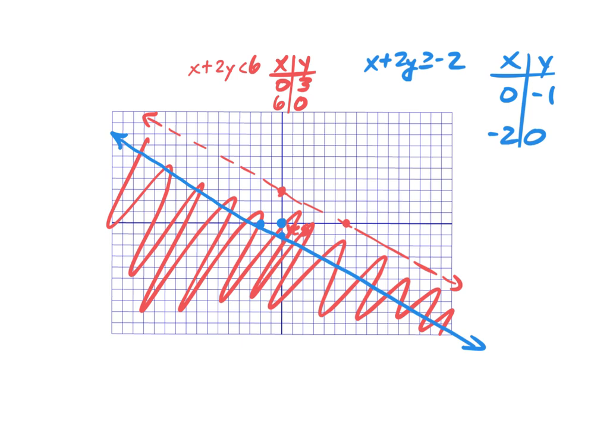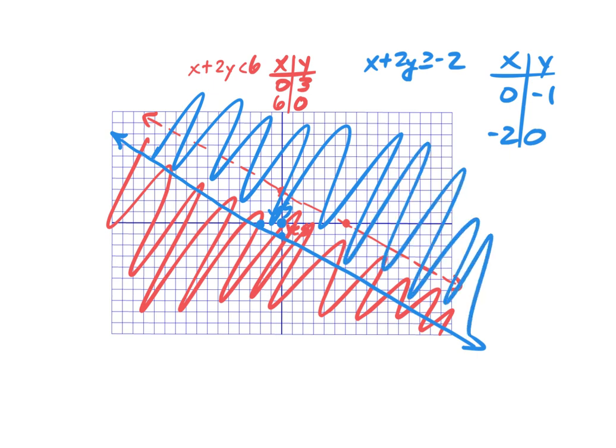Is 0 greater than or equal to -2? And that's, again, a yes. So we're going to shade everything above the blue line. So we're above the blue, below the red, and in this case it would be everything in between those two parallel lines, and that would be my solution.